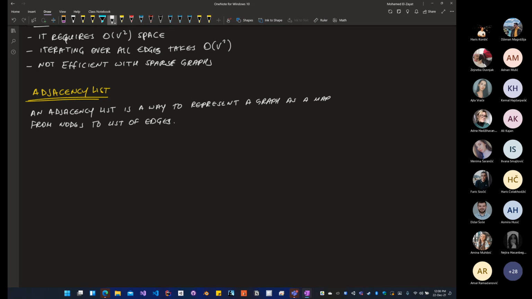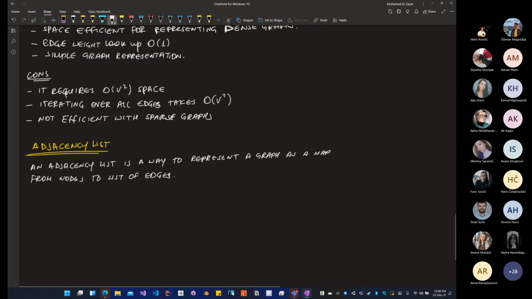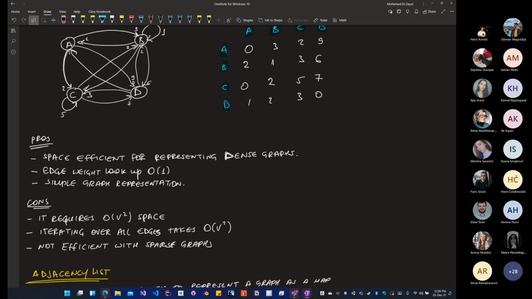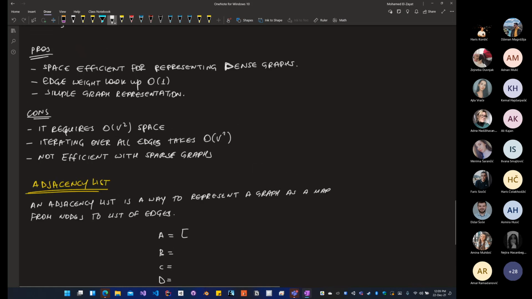What does that mean? You could think of it like linked lists, but do not confuse yourself. Let's say we have A, B, C, and D, so you have a graph with these vertices, and each vertex will contain an array of every vertex it points to.